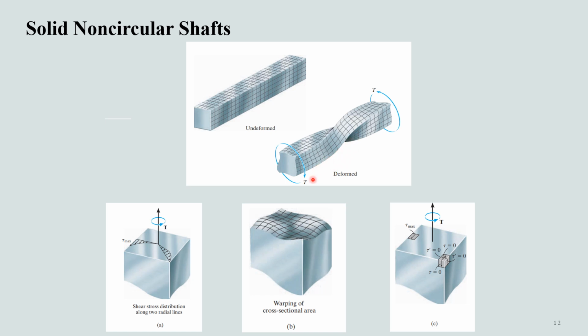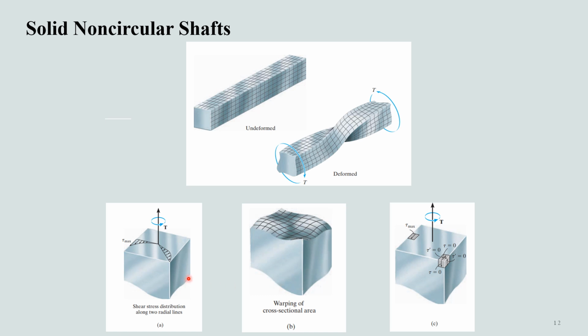Not only is there deformation in the longitudinal lines, but the lines that are along the cross-section are also deformed. As a consequence of this deformation, the torsional analysis of non-circular shafts is really complicated, and we're not going to actually consider this in this text. However, we are going to consider a simplified way of determining shear stresses in non-circular shafts.